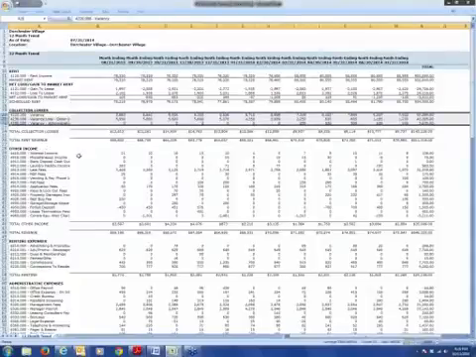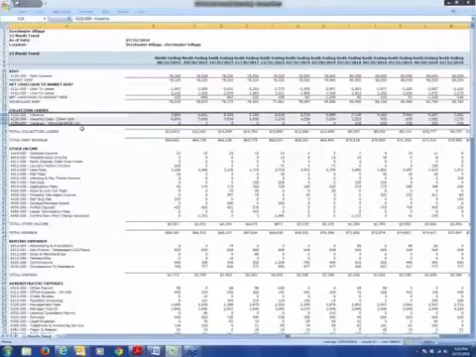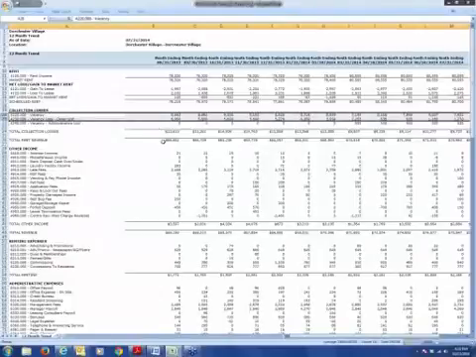Here are the vacancies. Vacancy loss for down units, and vacancy loss for administrative units. Now, you might wonder to yourself, why do you have two different categories, one for vacancy and one for vacancy loss for down units? Well, think about it this way. If you can't rent the unit, is it truly vacant?